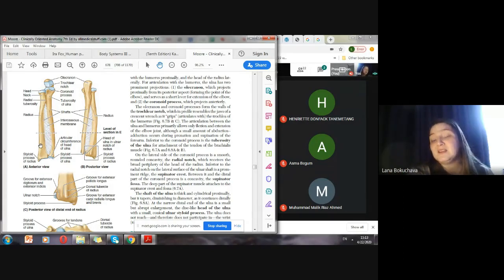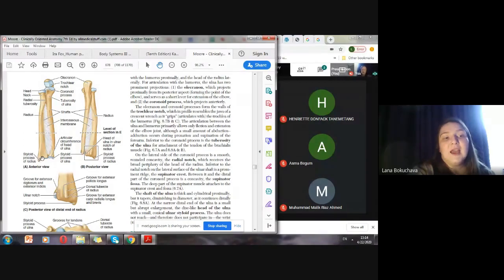By the way, this type of irregularity is also a site of attachment for different muscles, and you can see here the radial tuberosity, which is also a very close attachment towards the ulna.